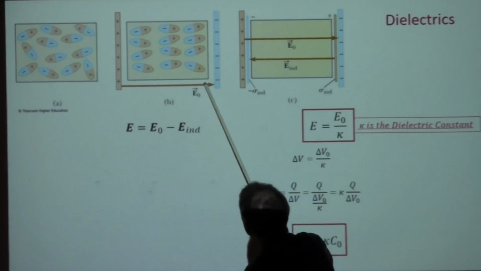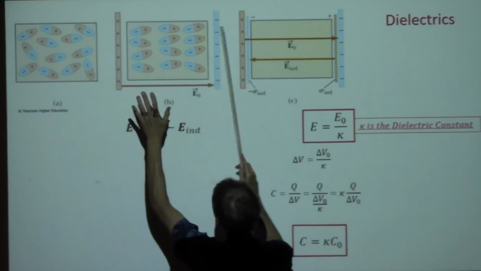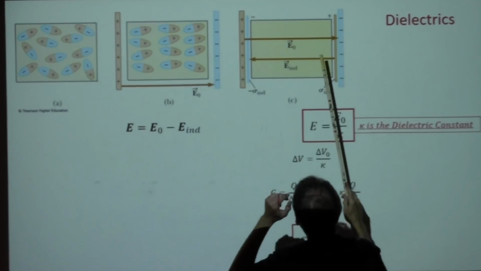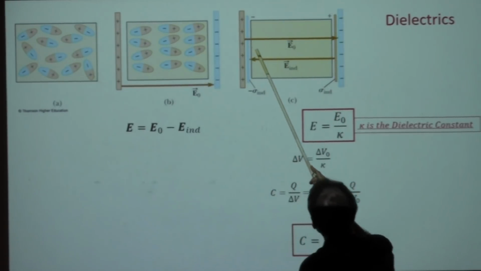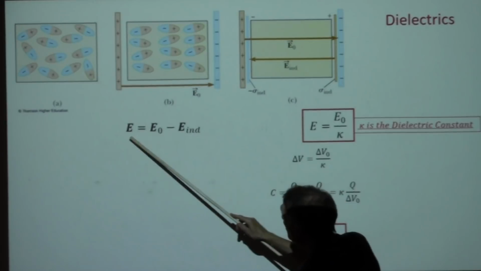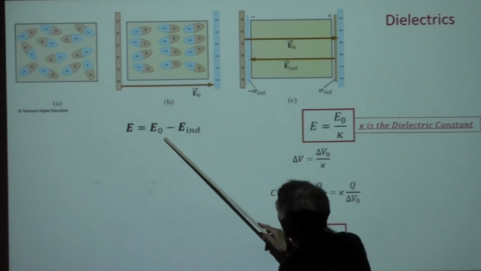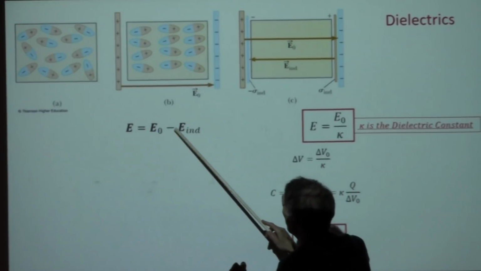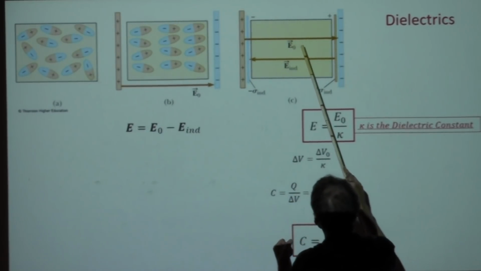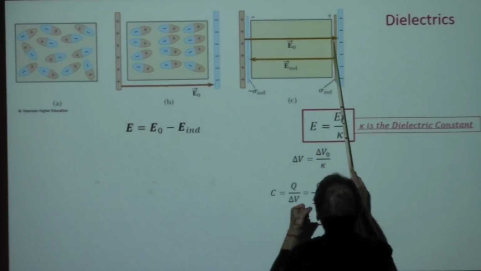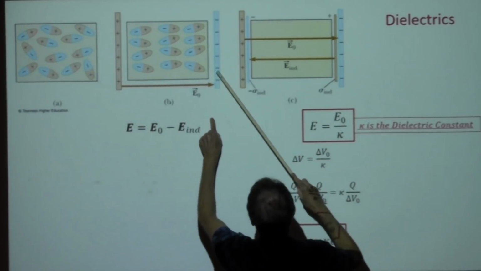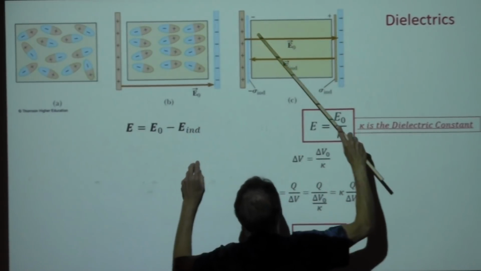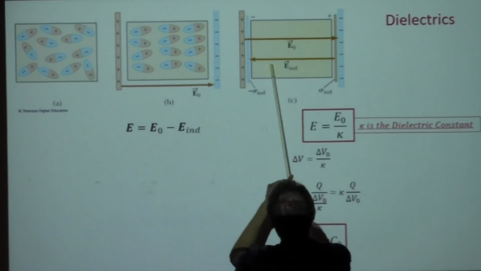E naught represents the electric field where that thing isn't present, just these two plates. When we stick the material in there, we deal with the electric field as kind of two parts. We're going to say E naught, the field of a vacuum where there's nothing in there, minus the electric field of E induced. If the electric field's this way, it lines these things up, so the induced charge is plus on this side, and on this side is minus, so the induced electric field goes back.